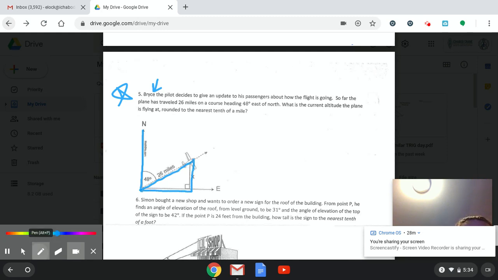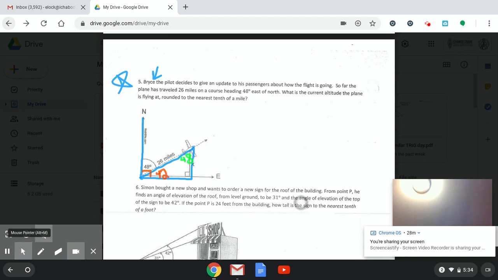But with our alternate interior angles, we see that 48 can bounce up and be that angle at the top of our right triangle. So another case with that is some students might see it as the 48 makes a right angle with the ground, which would give you its complement, 42 degrees, for that angle there. So depending on which angle you focus on, you could use the sine function or the cosine function and be all right.